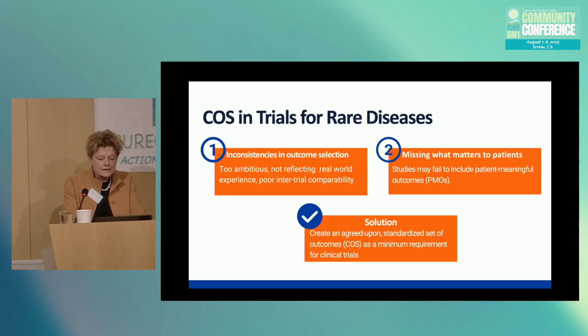And the solution is actually to create an agreed-upon standardized set of those COS, which should be in the future a minimum requirement for clinical trials. So each clinical trial could contain this set of core outcomes, of course together with other outcomes that the researchers choose, but just to make sure that there is a core that is comparable in the future.